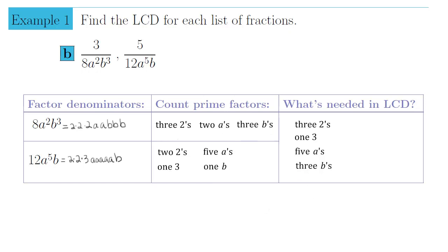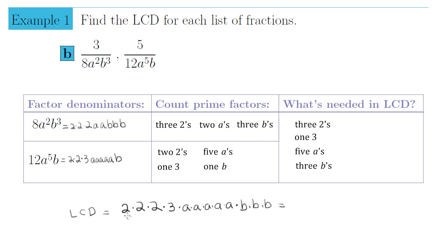This means then that our LCD is comprised of the following. Our LCD consists of 3 2's, or 2 times 2 times 2, 1 3, 5 a's, and 3 b's, b times b times b.